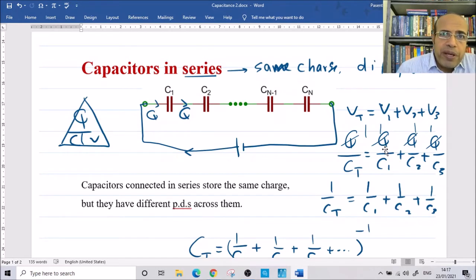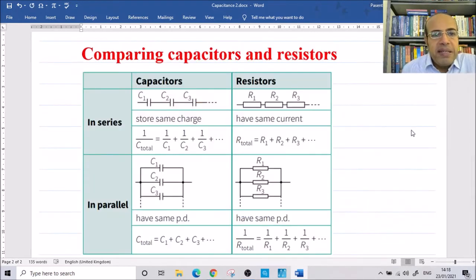Let us compare resistors and capacitors. Capacitors in series have the same charge. Resistors in series have the same current. For capacitors, 1 over C total equals 1 over C1 plus 1 over C2, but for resistors, R total equals R1 plus R2. In parallel, capacitors have the same voltage, and resistors also have the same voltage.